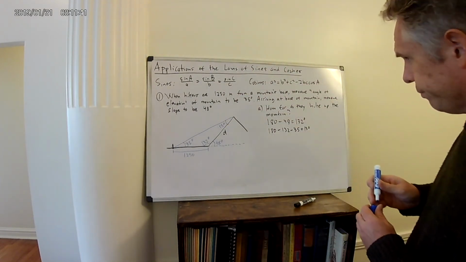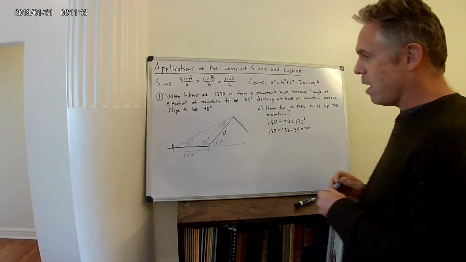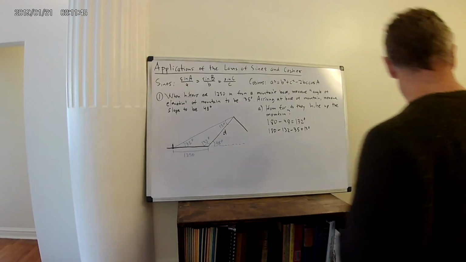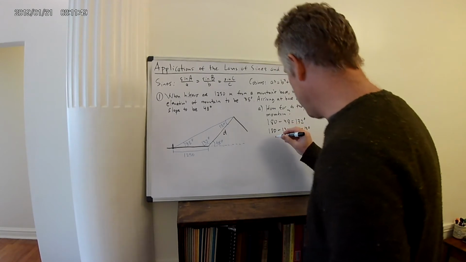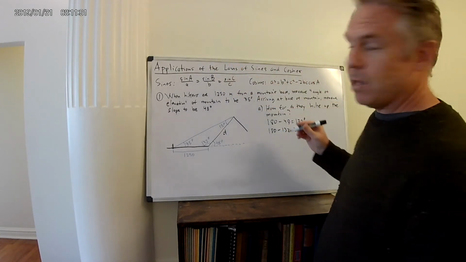All right, now I know all the angles of this triangle, and now I can solve for D by using the law of sines. I'm going to use the inverted version of the law of sines.